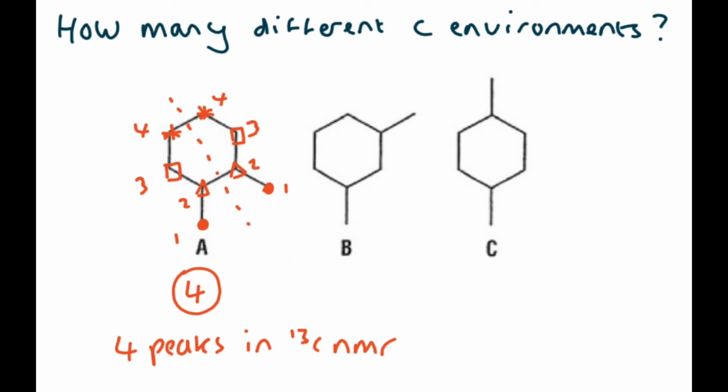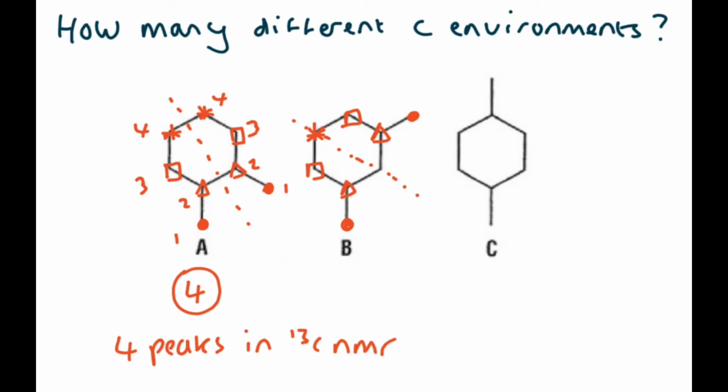Right, let's have a look at isomer B. Is there a plane of symmetry? Hopefully you can see this, and you're going quicker than me on this. There's a plane of symmetry down there. This carbon is the same as that carbon, and that one is the same as that carbon. Now we have a CH2 here, which is unique.